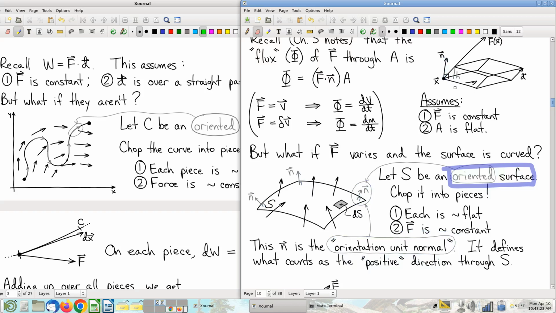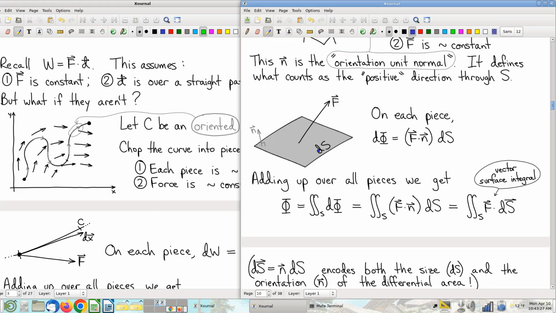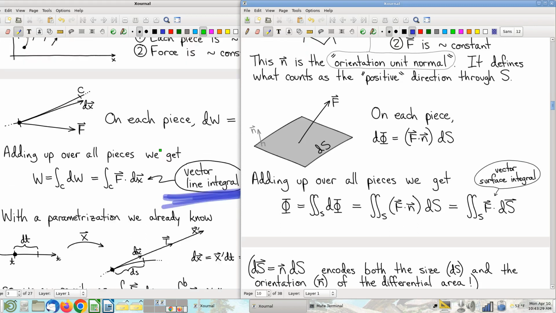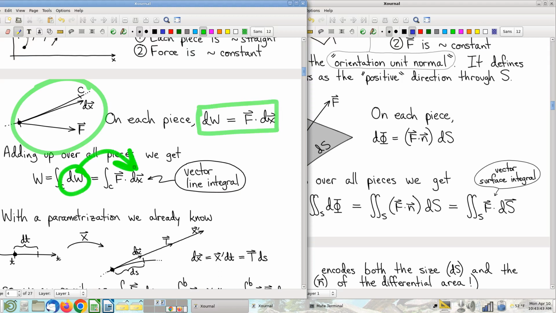Okay. So, again, trying to keep the analogies, left side of the screen, right side of the screen. Here's our simple picture on each little piece of curve leading to this formula for dW, which helps us define a vector line integral.